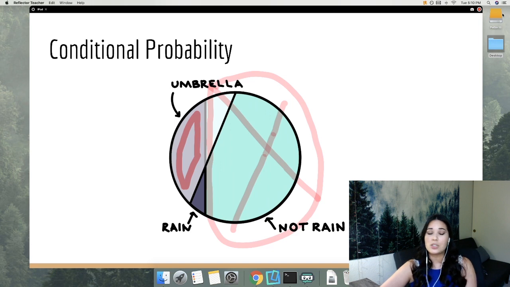So again, conditional probability is a probability given some other information or assuming some other information. So you could say, what is the probability that I'm a dog lover given that you've seen me pet a bunch of dogs, compared to just what is the probability that I'm a dog lover.